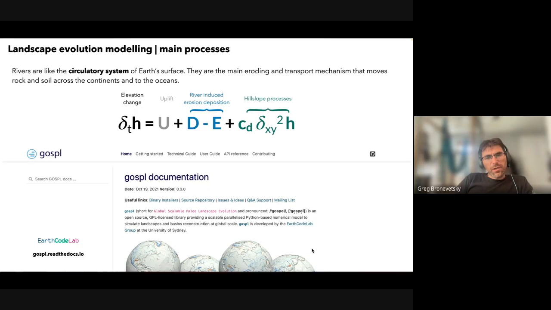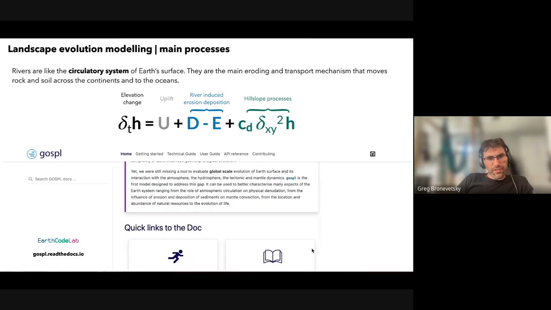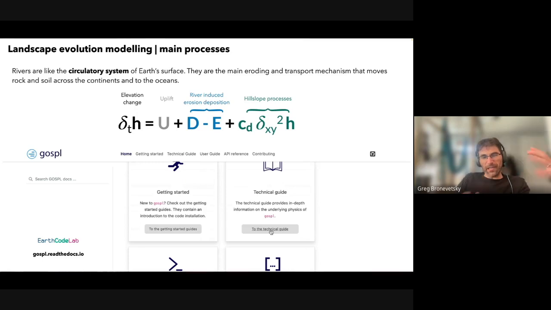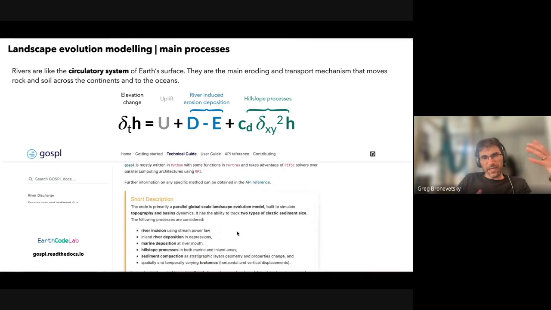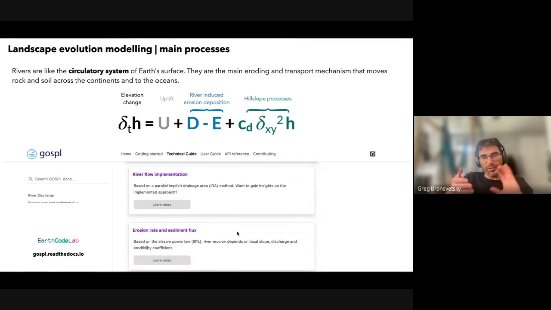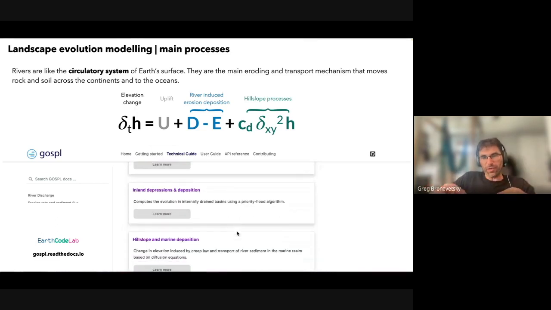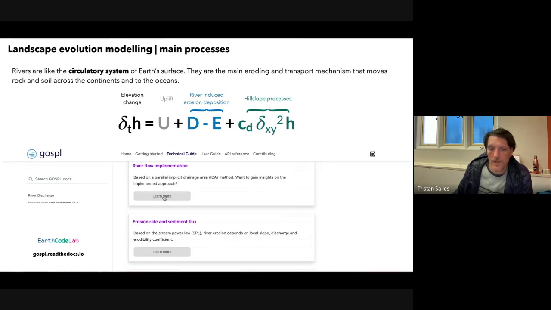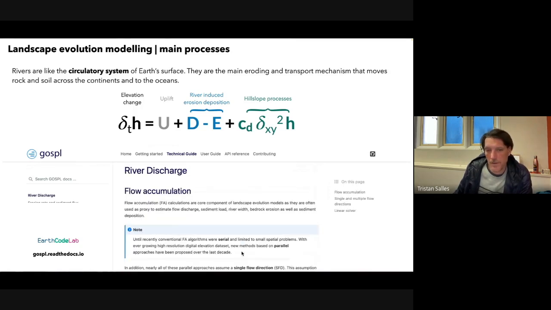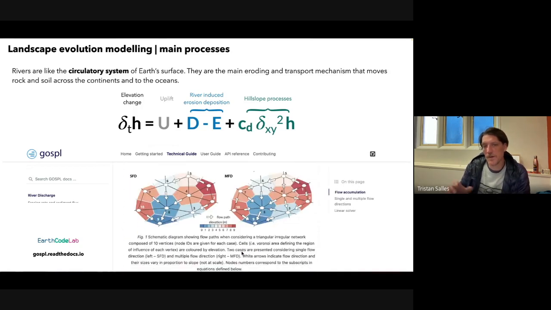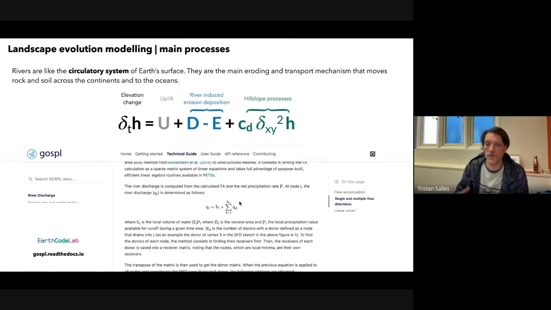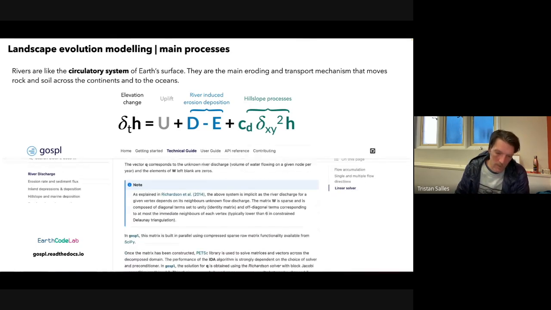Question: what timescales does this cover? This seems like an erosion of the Himalayas down to nothing kind of process. Is that it, or is this applicable to whole continents moving around and tracking that process? Basically, this kind of equation has usually been used at local scale.